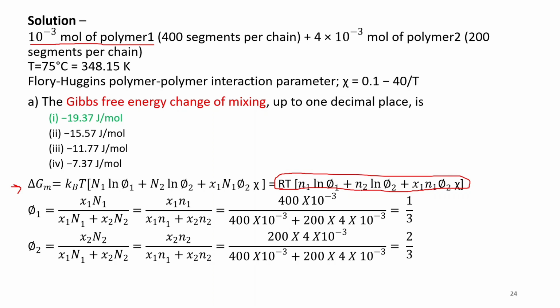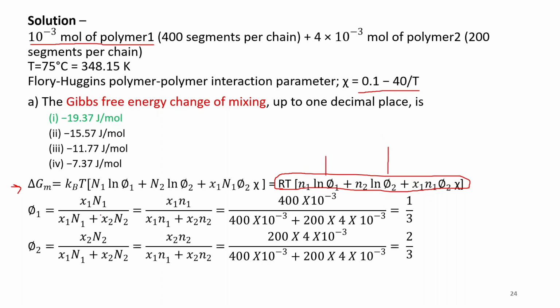Chi is given as 0.1 minus 40 divided by T. So let's first calculate phi 1 and phi 2.